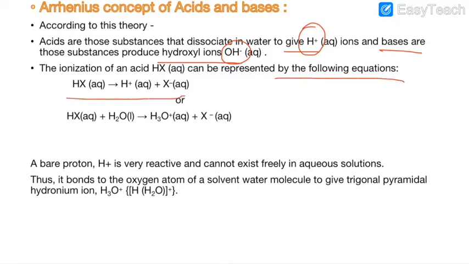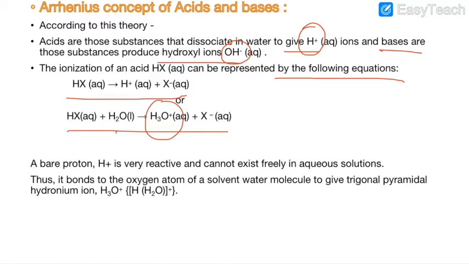The acid will dissociate into H plus and X minus, and this can be written like this also. HX plus H2O gives H3O plus X minus. This is hydrogen ion, and this H3O plus is known as hydronium ion.